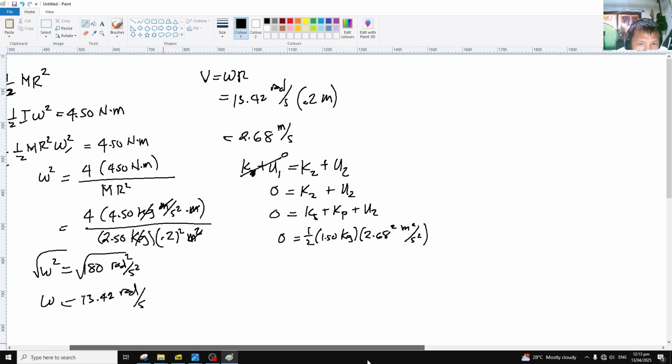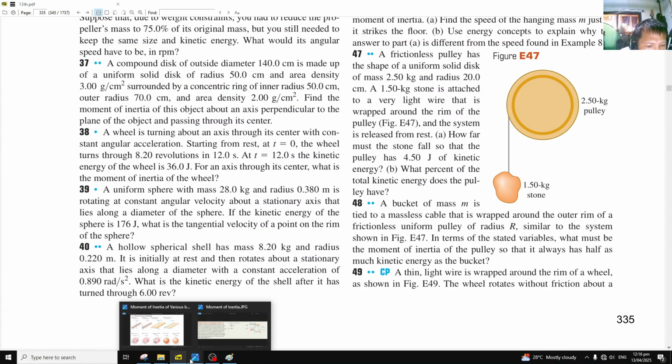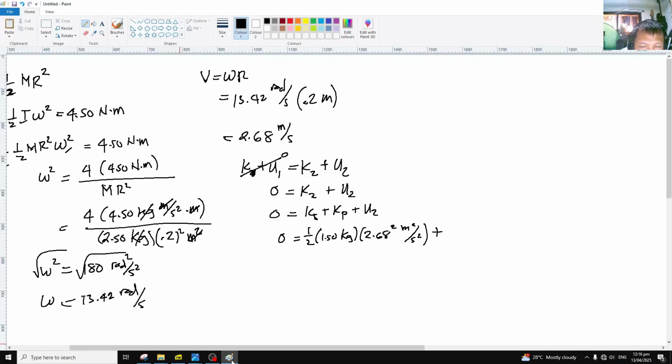Tapos, bali yung kinetic energy binigay na kanina, di ba? Bali magkakaroon daw yung pulley ng kinetic energy na 4.50 joule. Kinetic energy ng stone plus kinetic energy ng pulley, yun yung mag-equal sa potential energy mo.